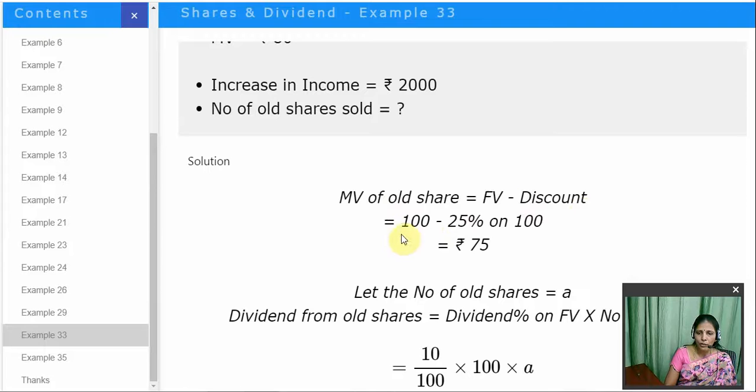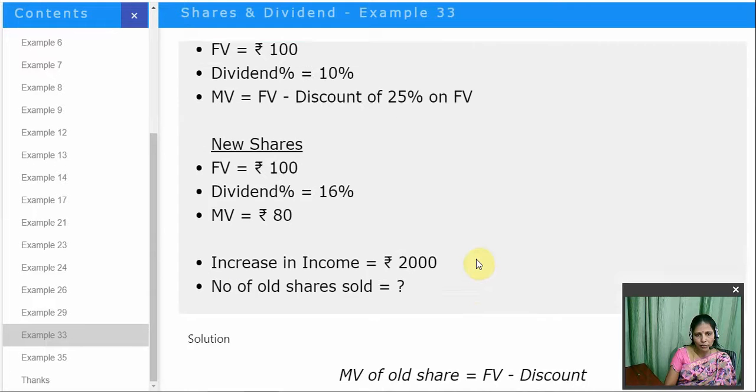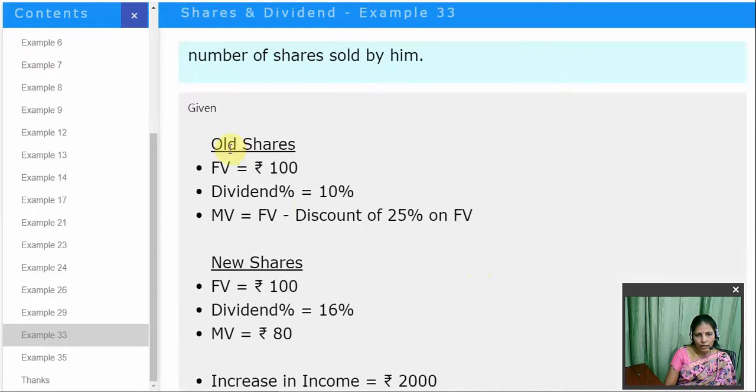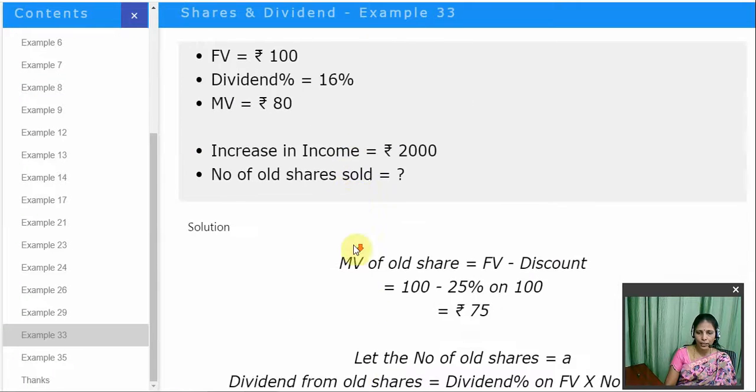The face value is 100 rupees, minus discount, 25% on face value. When you simplify, you will be getting rupees 75. So first time in this old share, his market value is 75 rupees.